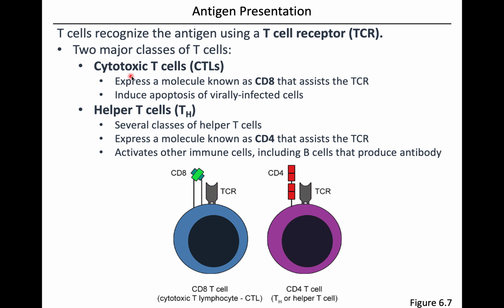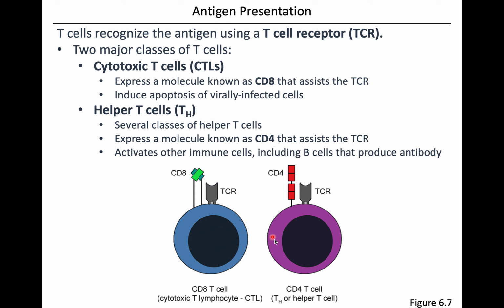The cytotoxic are so named because they can induce apoptosis in infected cells, seen here, and they utilize this helper molecule called CD8 that will help facilitate binding to antigen by the T cell receptor. So these are sometimes called CD8 T cells or cytotoxic.